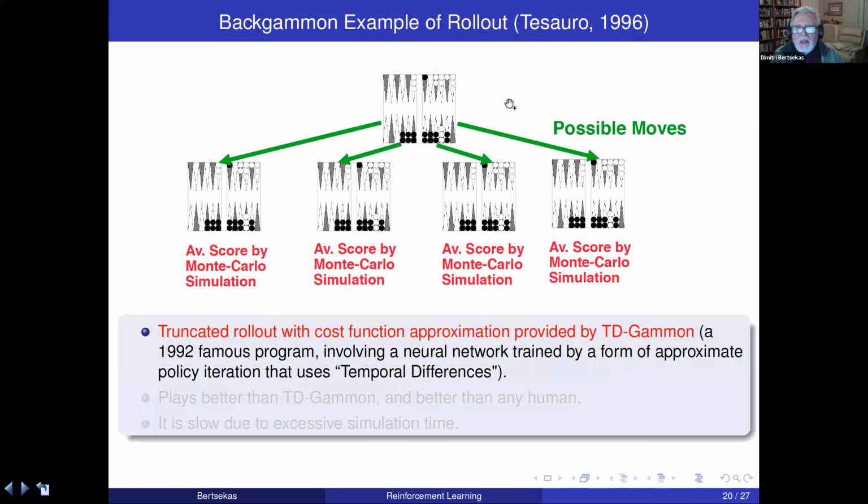What is the state here? Well, prior to every movement of pieces, there's a roll of the dice by either the black player or the white player. So let's assume that we are at the white player's turn, and the state is the board position and also the roll that this white player has rolled, like 6 and 4 or 1 and 3 or whatever.